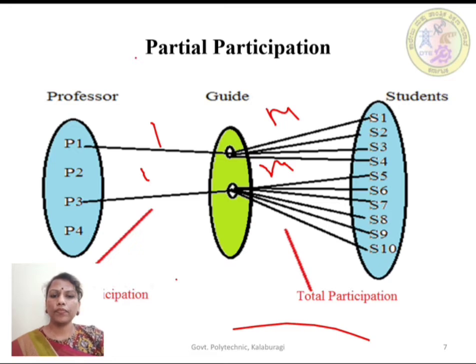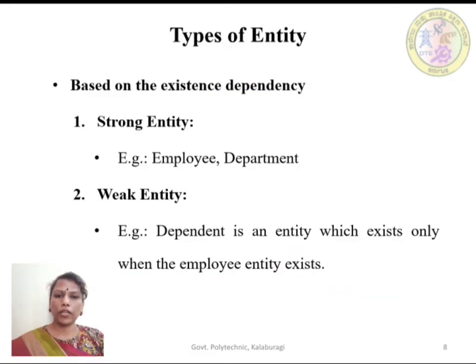Let's see our next topic. Okay, types of entity. Based on the existence dependency, I think you know what existence is. Based on the existence dependency, the entity is divided into 2 types, strong entity and weak entity.